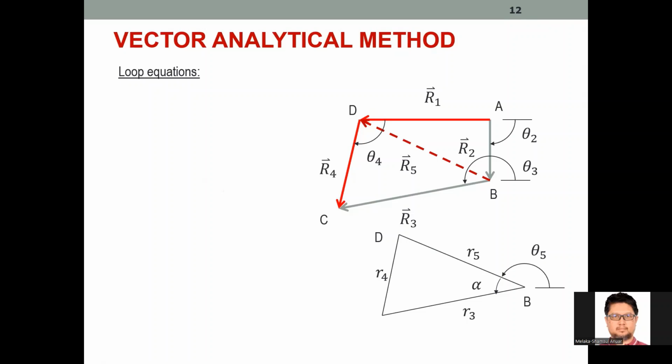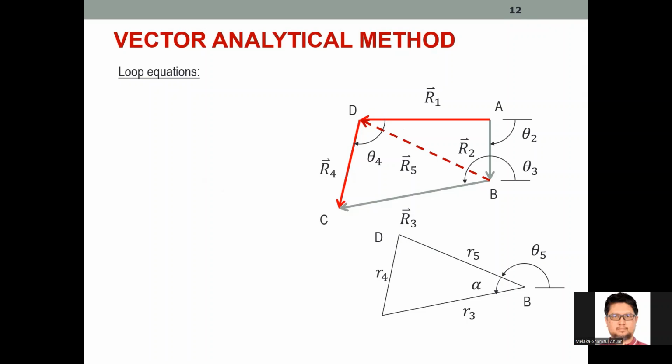Vector analytical method is something that we can also use. Just like in the lecture on position analysis, because when we do the velocity analysis, we must also solve the position analysis first.